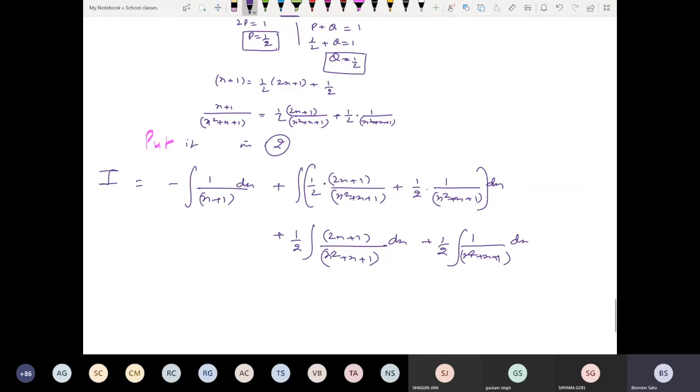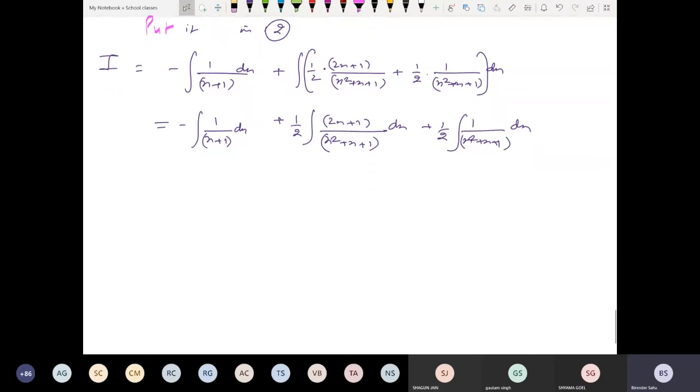See, the first one is easily integrable. What I do, I always integrate simultaneously. Here we can use the substitution method, because in the numerator this is nothing but the denominator's derivative. So here we put t equals to x square plus x plus 1, for the second integral.